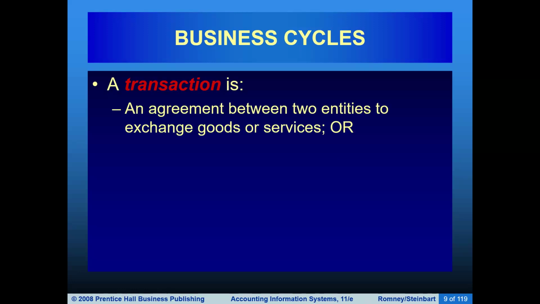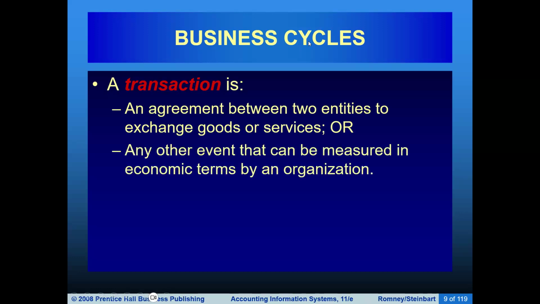It can be two persons or two organizations. An arrangement between two entities to exchange goods or services, or any other event that can be measured in economic terms by an organization.